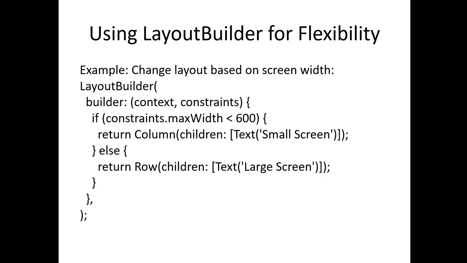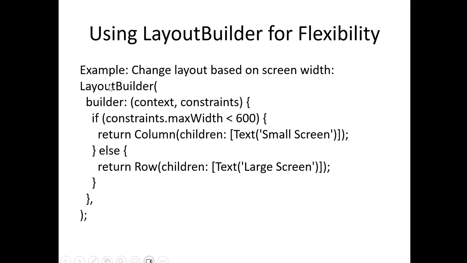Next is using LayoutBuilder for flexibility. While MediaQuery works well, LayoutBuilder takes responsiveness to another level by responding to the constraints of the parent widget. For example, displaying different widgets based on screen sizes.